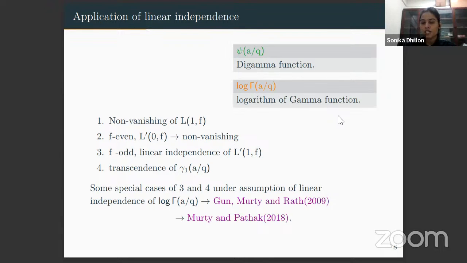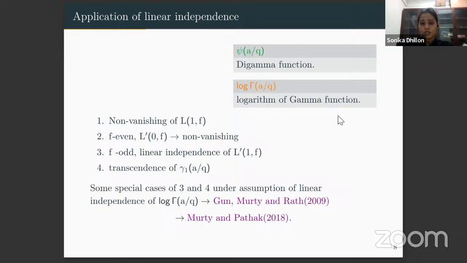Similarly, for the derivatives, we have seen by using the result of Hofmacher that they can be written in terms of the generalized Stieltjes constants. So we are also interested in knowing the arithmetic nature of these generalized Stieltjes constants.